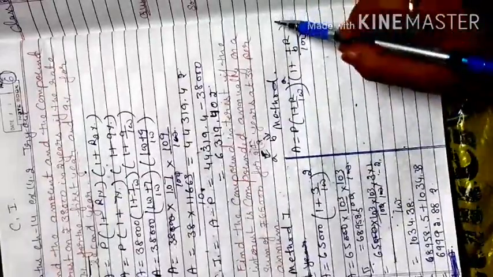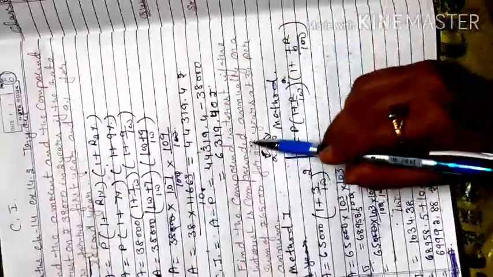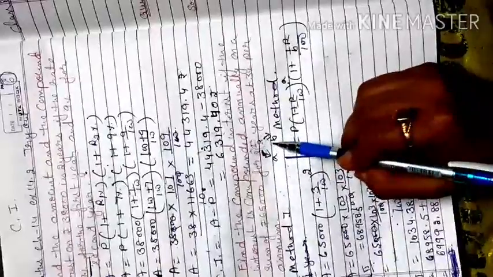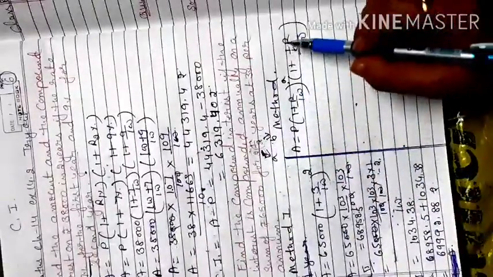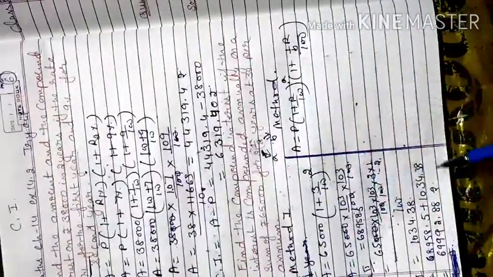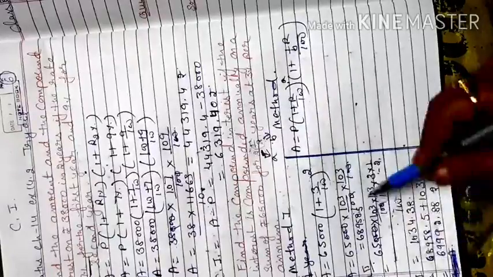For the year that is not complete, for its rate we will consider the value of B. That is the direct formula, instead of first finding the amount, then the interest, then adding.